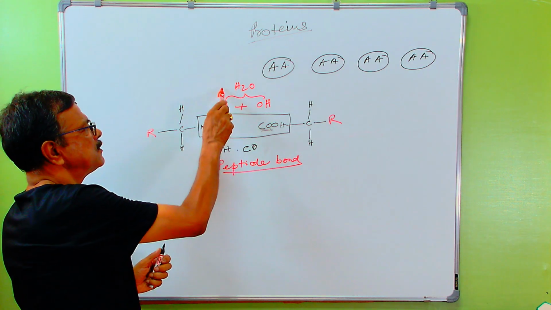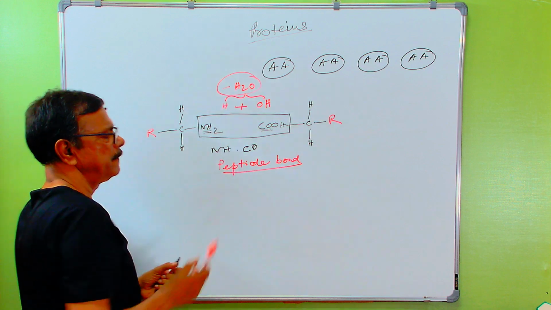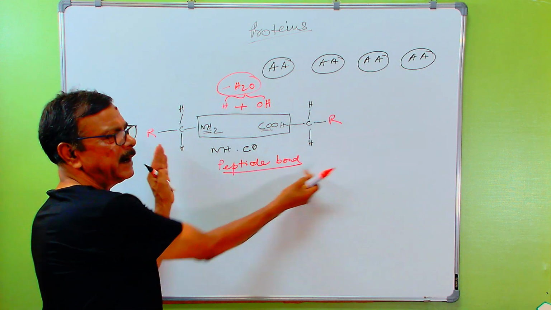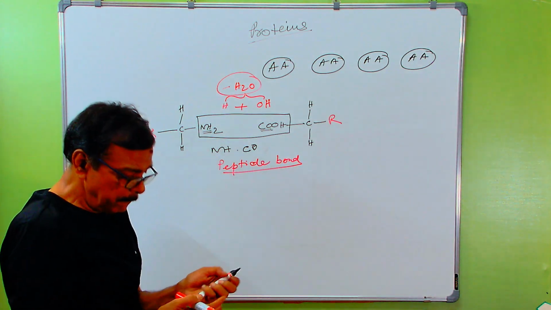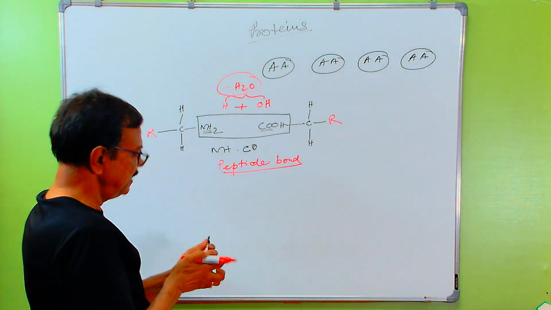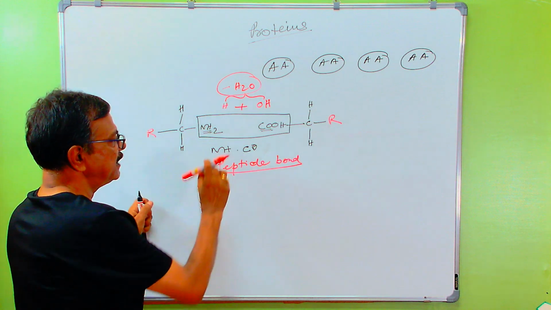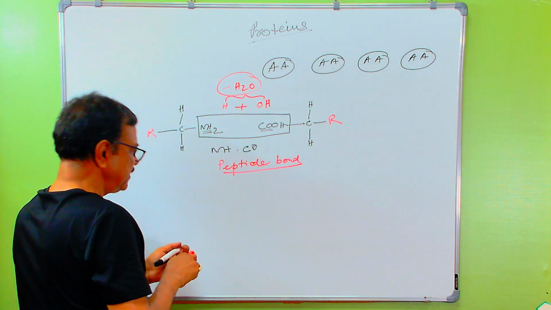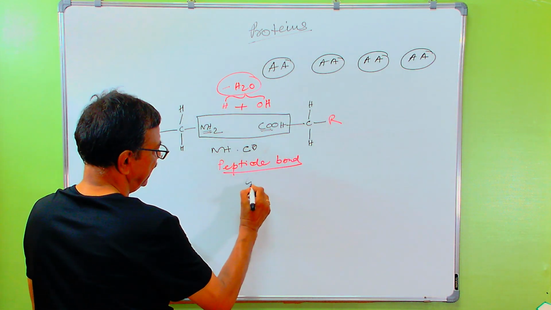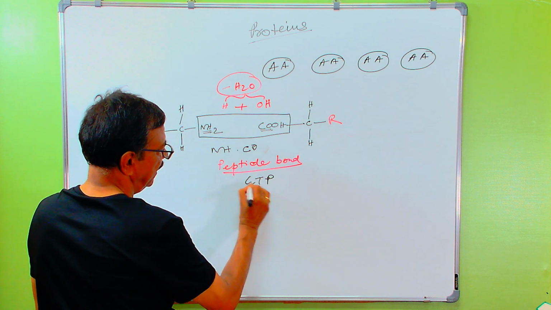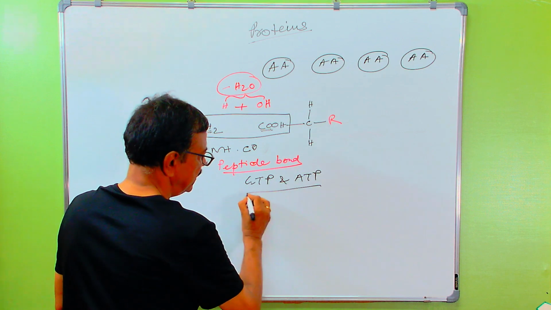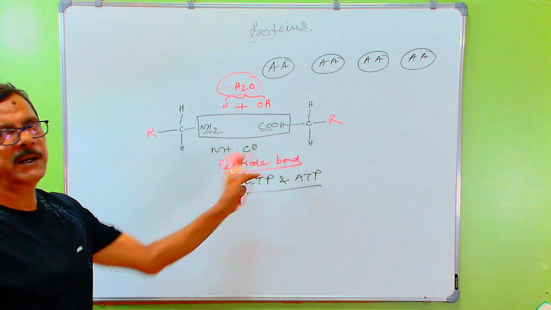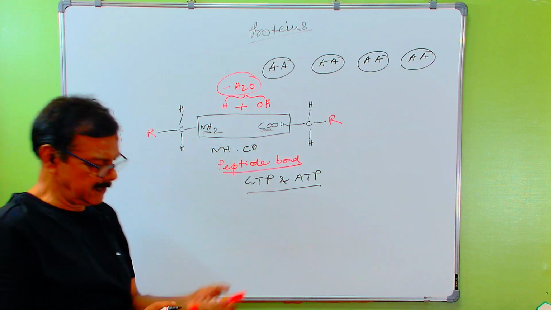The two amino acids join with one another with the help of the peptide bond, and it requires energy. The energy is supplied by GTP and ATP. These two are required for joining of the two amino acids.